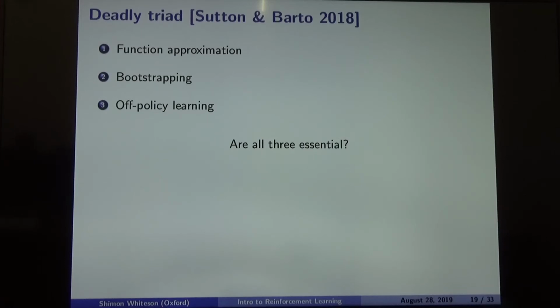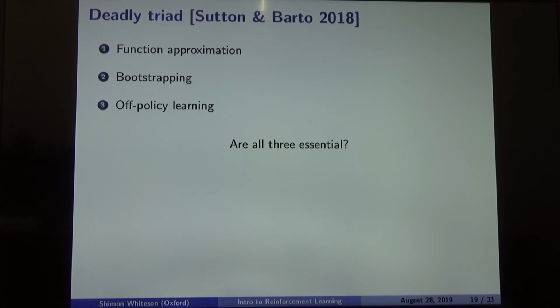So that suggests that we will need bootstrapping if we want to learn in a sample efficient way. And also, intuitively, bootstrapping is the algorithmic codification of Bellman's great insights of the Bellman equation. And it seems unlikely that going forward, the right algorithmic approach will be ignoring that insight. So probably bootstrapping is, if not essential, very important.